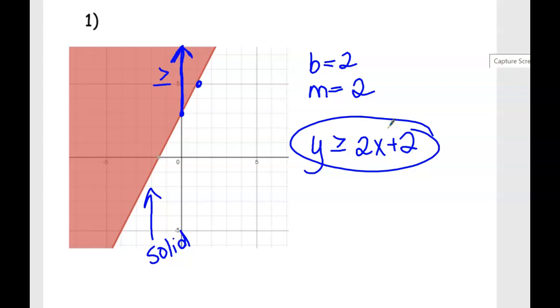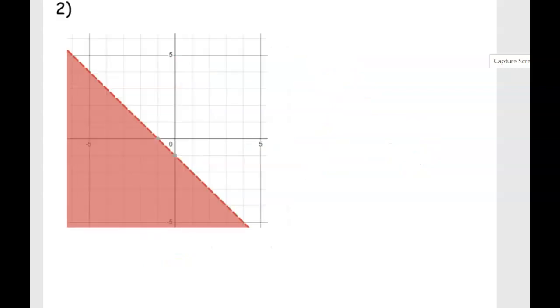All right, let's look at number 2. All right, number 2, right here, our y-intercept is going to be a -1, and our slope here, if we go down 1 and over 1, make sure that, okay, yep, so we've got a slope of -1.